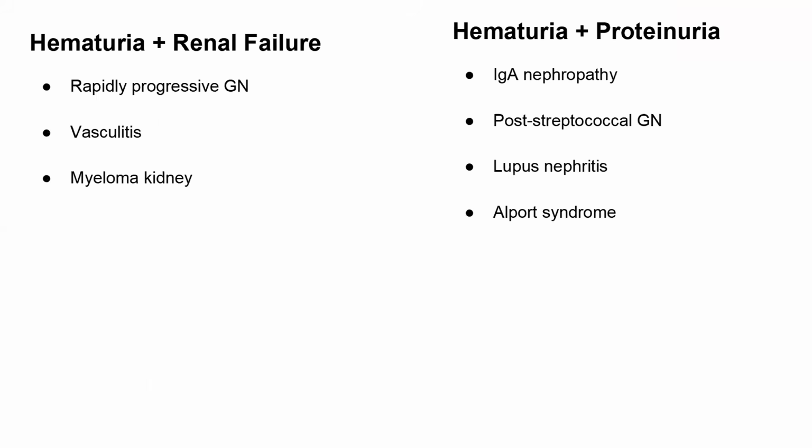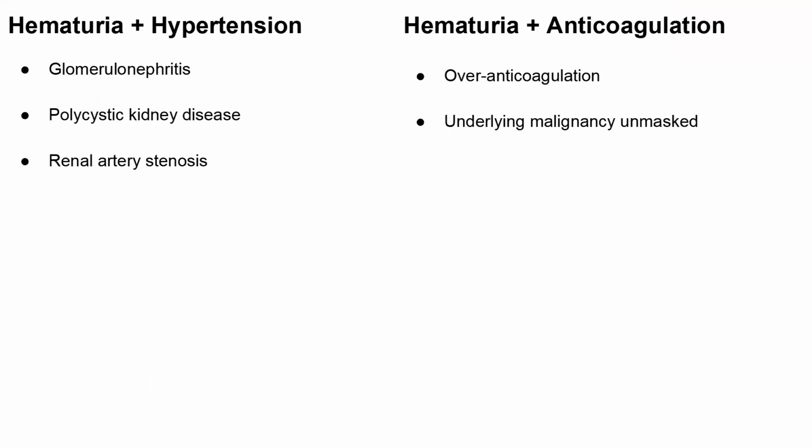Next, we move on to the nephrological causes along with hematuria, such as renal failure, rapidly progressive glomerulonephritis or vasculitis, and myeloma could be a cause. Hematuria with proteinuria: IgA nephropathy, post-streptococcal or lupus nephritis, or Alport syndrome. Hematuria with hypertension could be due to glomerulonephritis, polycystic kidney or renal artery stenosis.